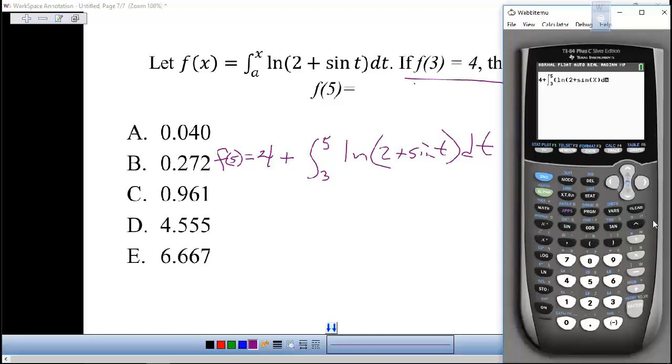Whoop, wrong. All right, and then plug in x for there and hit enter. And it gets me 4.555. So answer choice D.